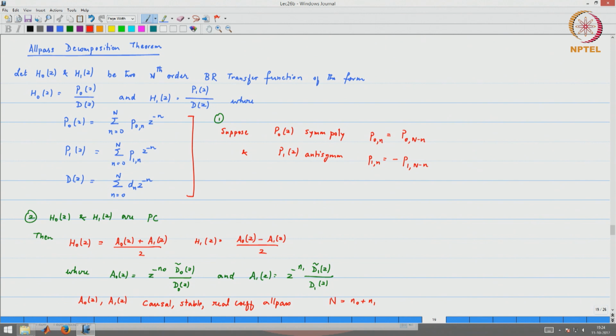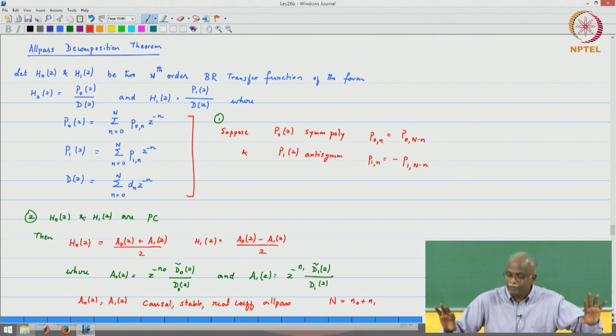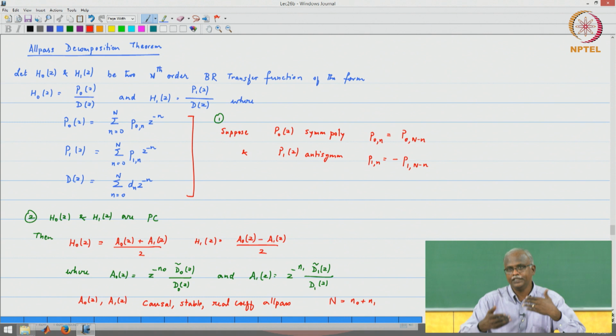So this is a useful result in the context that we have been able to develop a couple of interesting concepts, where we talk about separation of zeros inside the unit circle, outside the unit circle, and then the factorization, and then how to get the results from there.